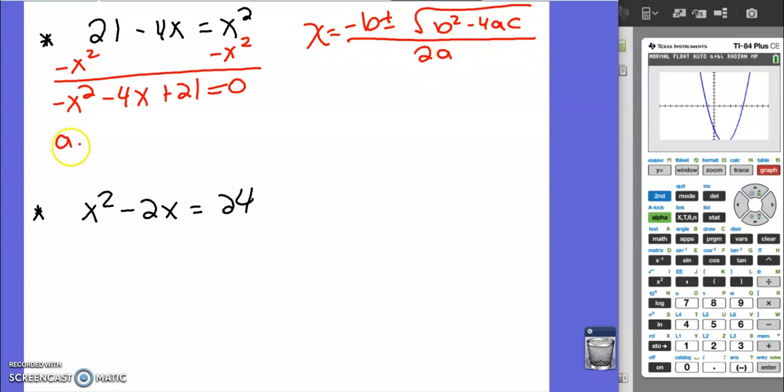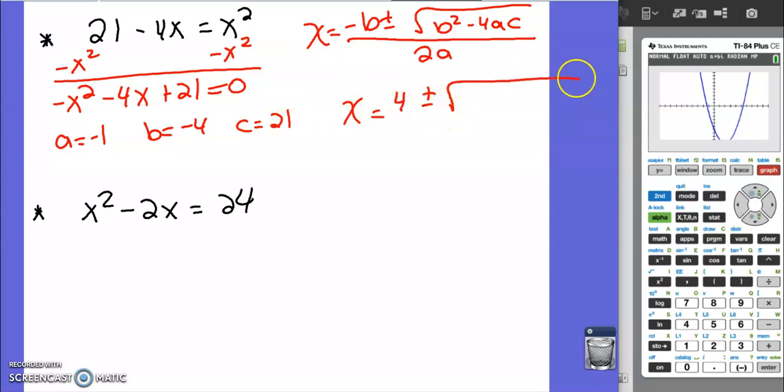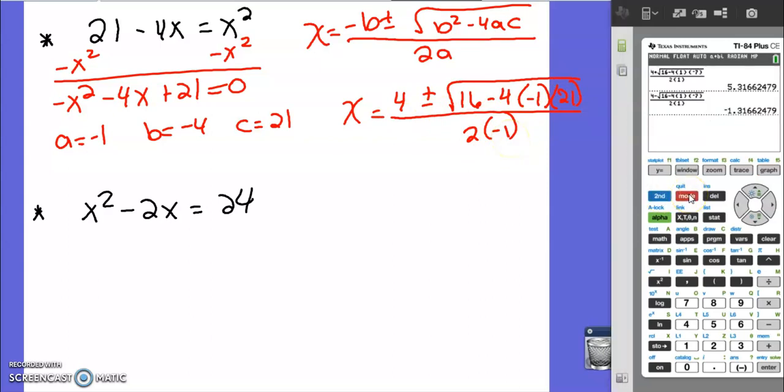And again, the a in this case is negative 1. Again, I recommend in general to always take the a positive. All right, so if I solve this, x equals negative b, so 4 plus or minus square root of b squared minus 4 times a times c, and that's all divided by 2 times negative 1. And again, if I just wanted the decimal answer, then what we're going to do is just plug that in.